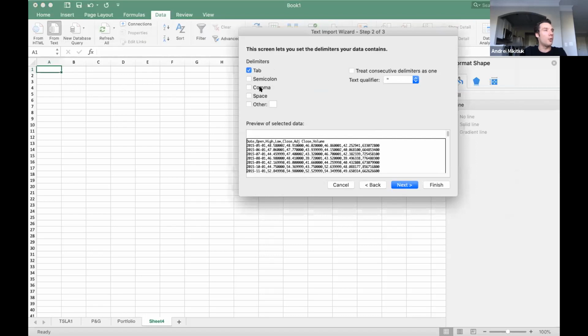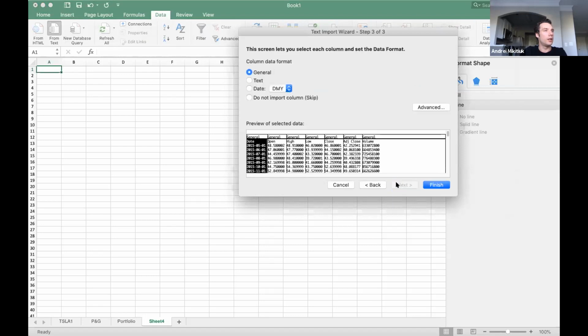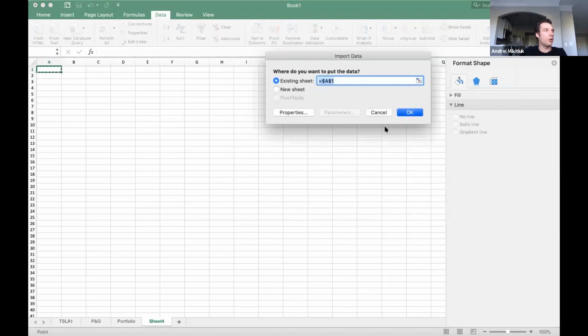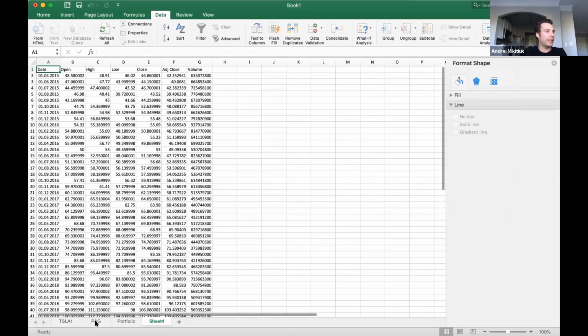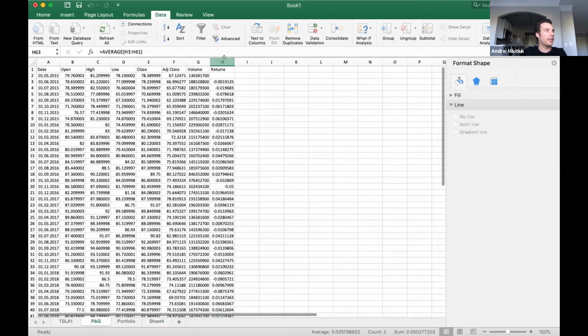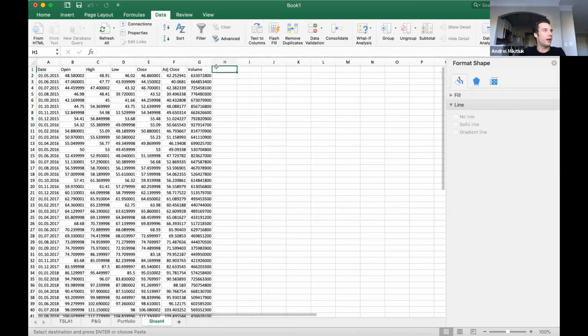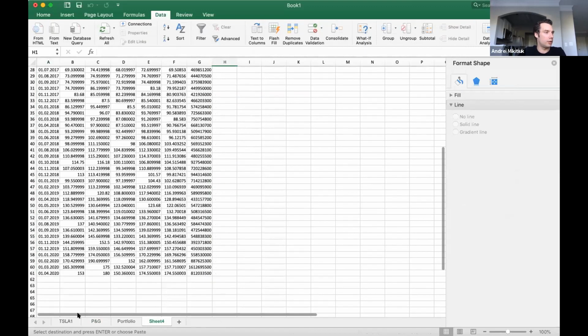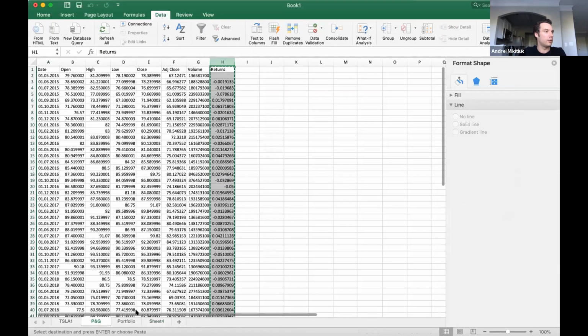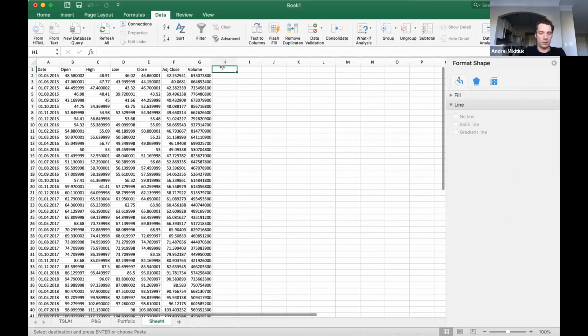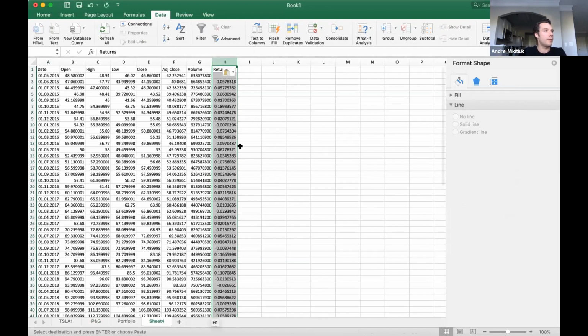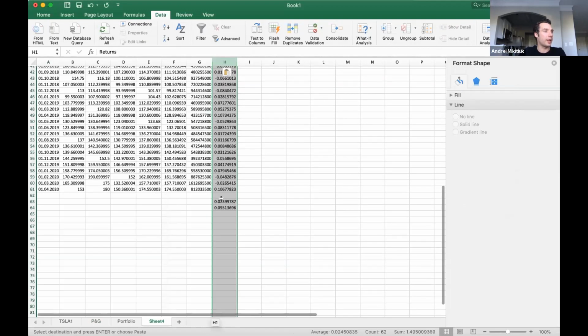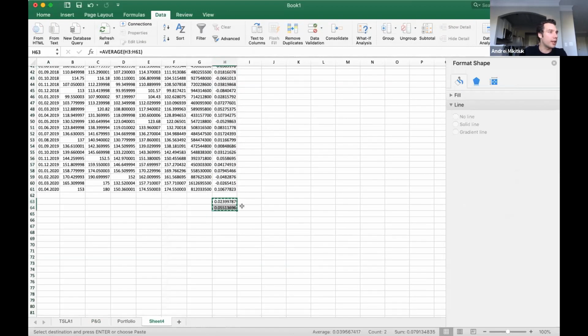Now that we have it, we can do that fairly quickly. So we have this whole Microsoft data. I'm just taking these whole columns that calculate returns and other stuff, and copying it here. So I have my numbers for Microsoft.